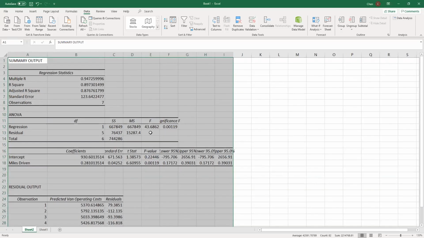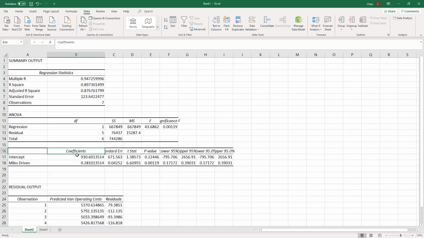From Excel, you can see here coefficients.